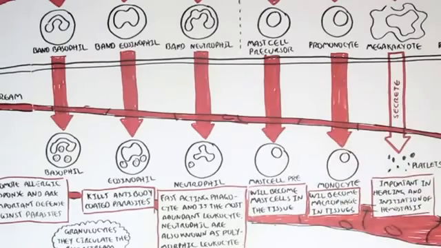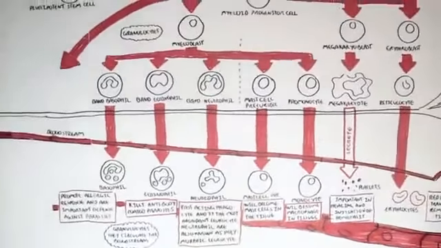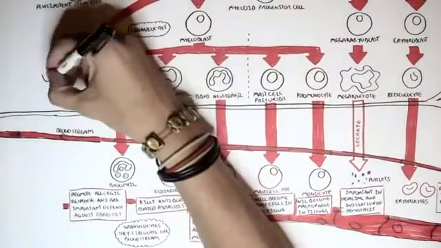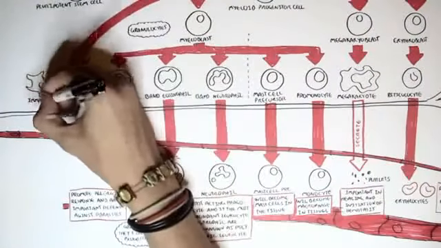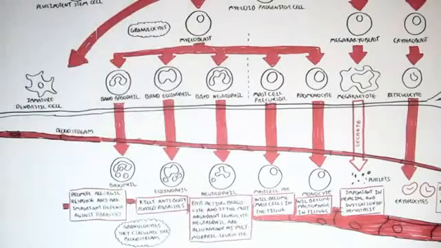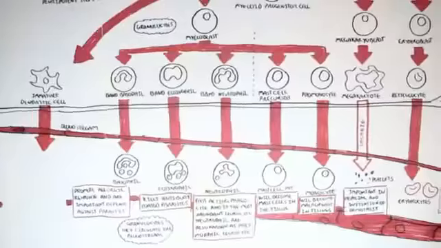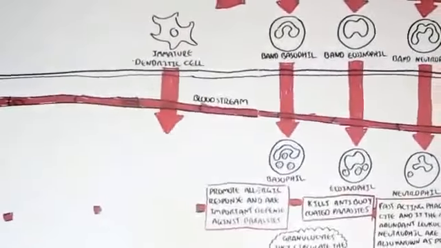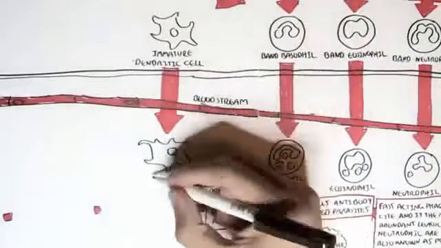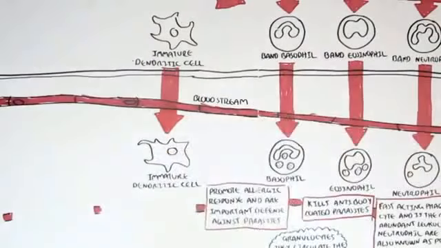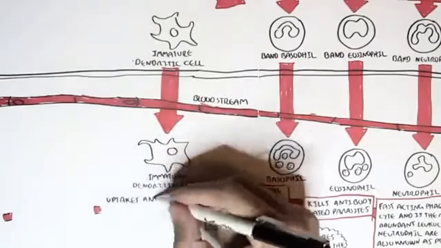Now finally, the myeloid progenitor cell can also give rise to immature dendritic cells. And the immature dendritic cell, once it leaves the bone marrow, will still be an immature dendritic cell. The dendritic cell's role is important because it is the connection between the innate and the adaptive immune system.